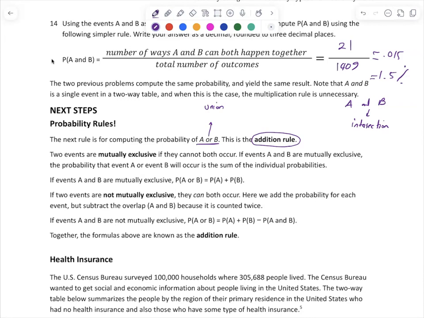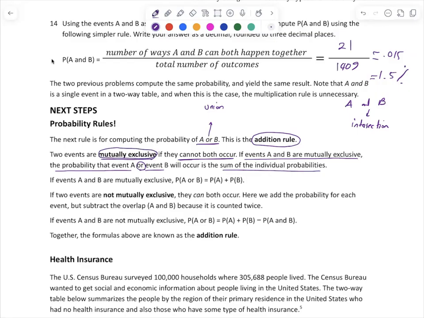Two events are called mutually exclusive if they cannot happen at the same time. If events A and B are mutually exclusive, the probability that event A or event B happens is the sum of their individual probabilities. Very important.